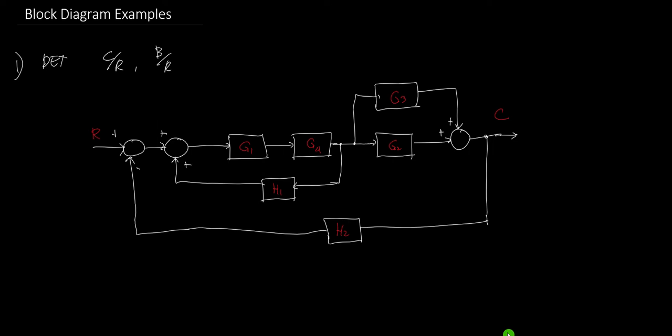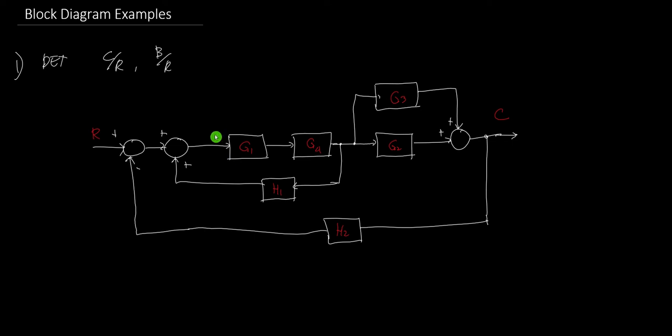So here, let's start with a simple block diagram. First, we need the rules before you reduce a block diagram. You can take some steps. The first thing that you do is look for some cascaded blocks in the block diagram. So you start reducing cascaded blocks.